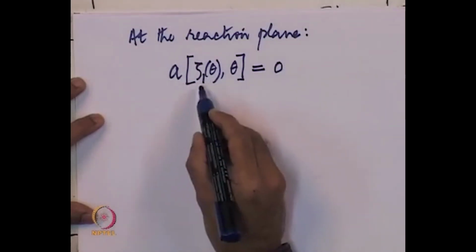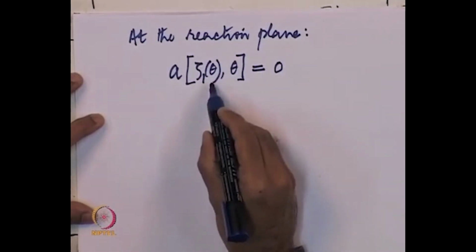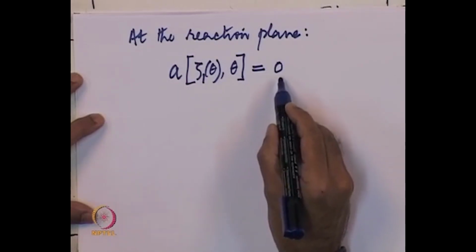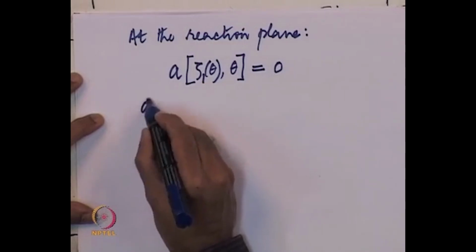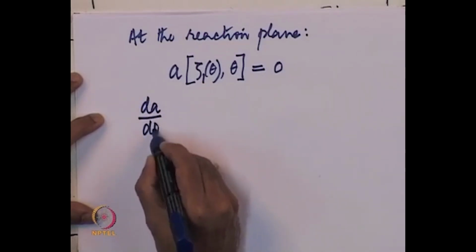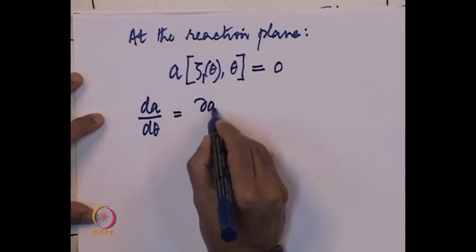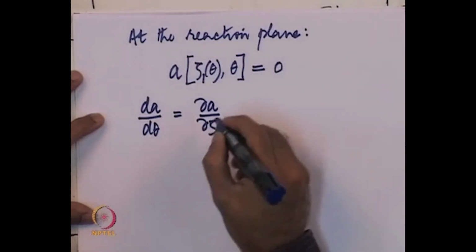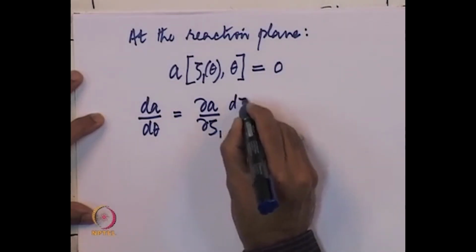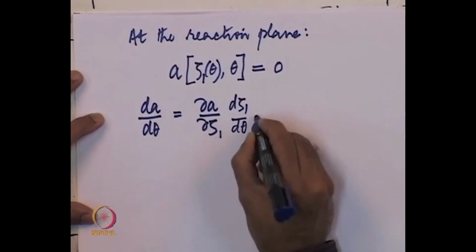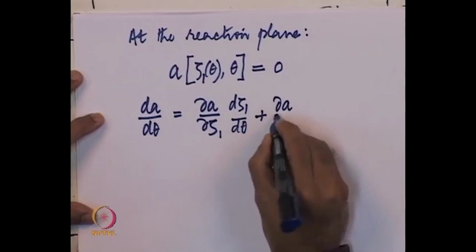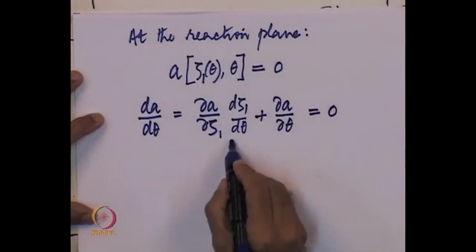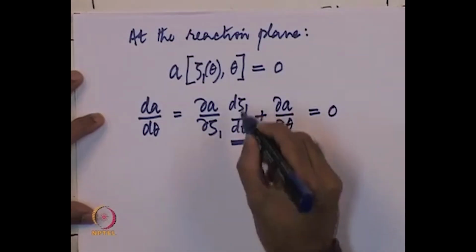So, A at the reaction plane is a function of the single variable theta, and that is a constant value, and it is 0. So, if we differentiate this, we get dA by d theta equals partial dA by d zeta 1 times d zeta 1 upon d theta plus partial dA by d theta, and this is equal to 0, and this gives you the equation for the boundary movement, which is d zeta 1 by d theta.